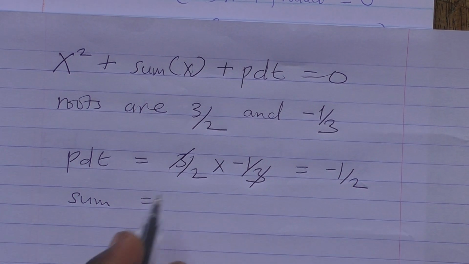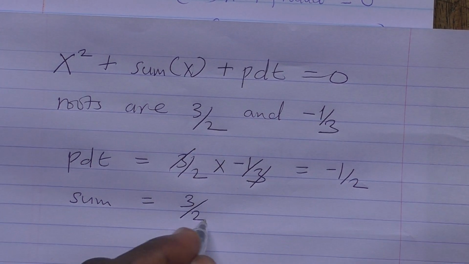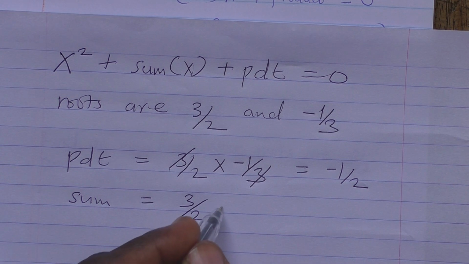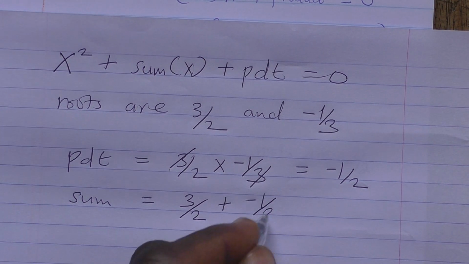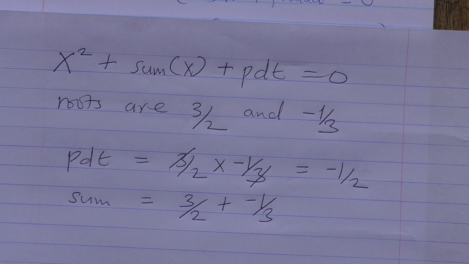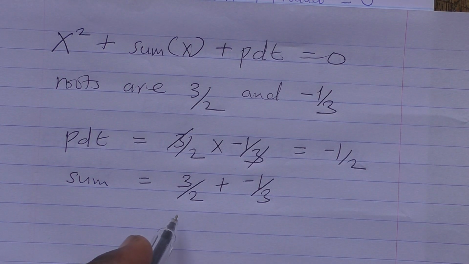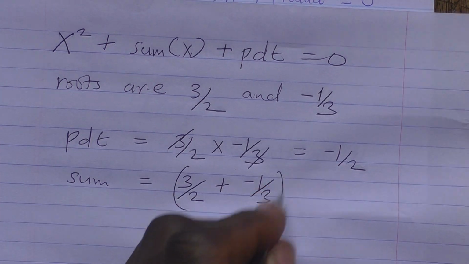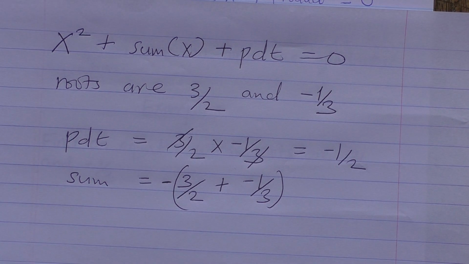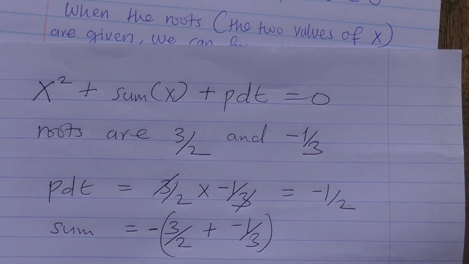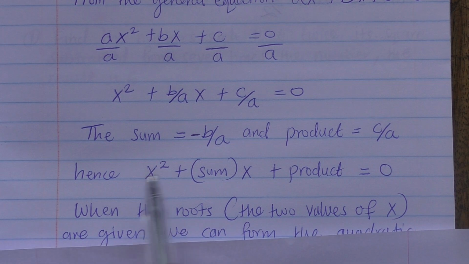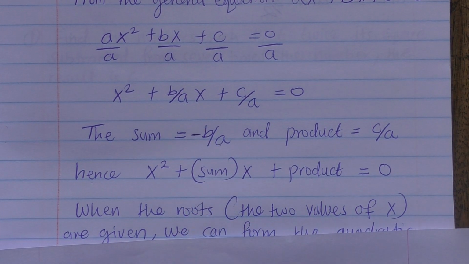We get the sum. The sum is 3 over 2 plus negative 1 over 3. But don't forget that this is negative, because we saw that the sum is given by negative b over a.